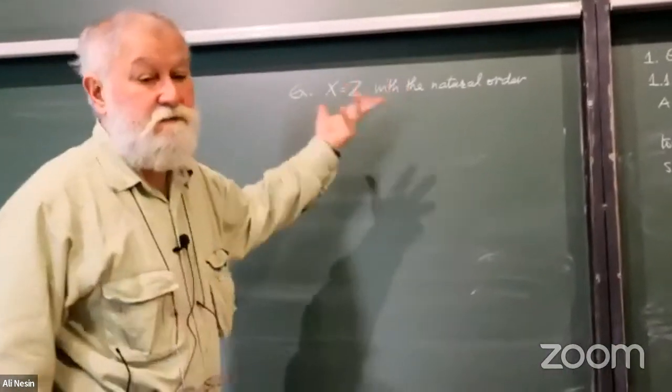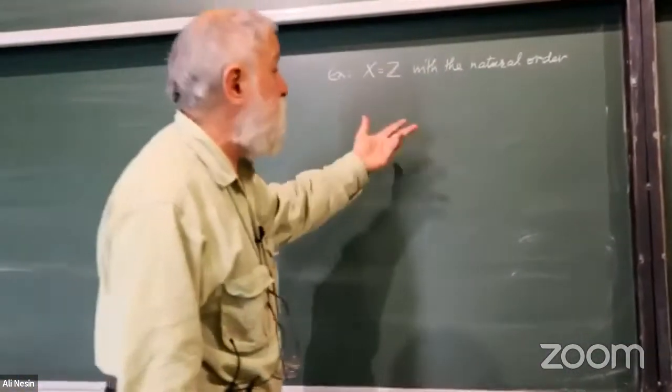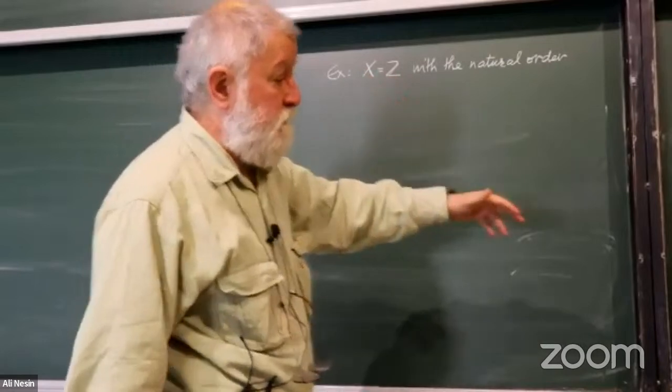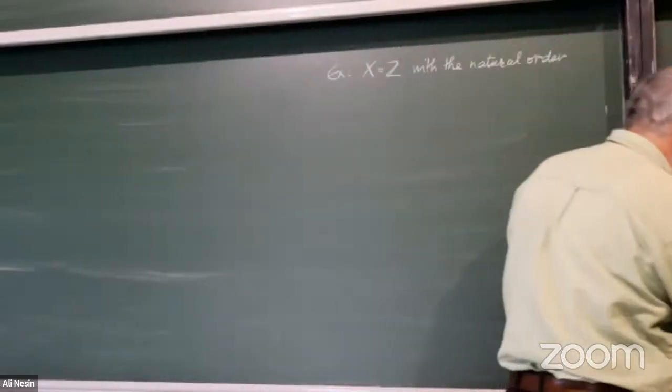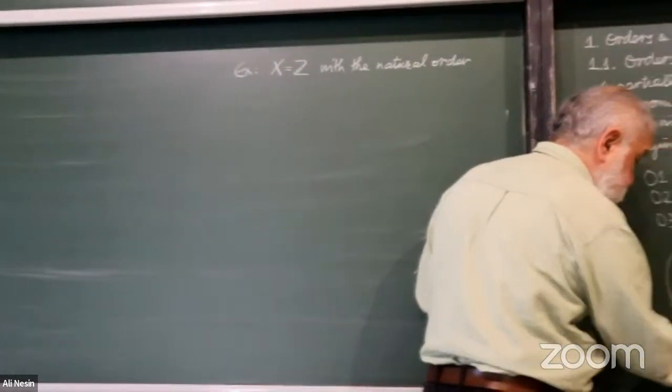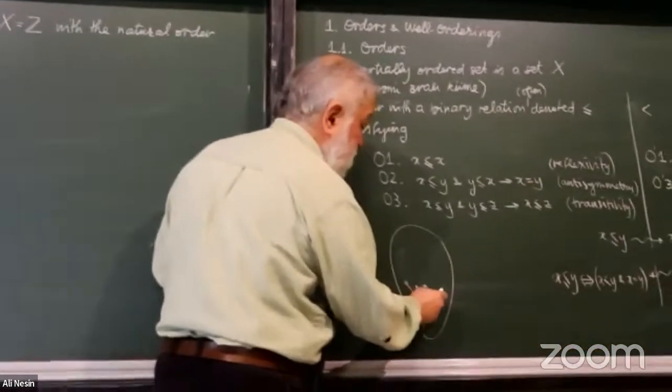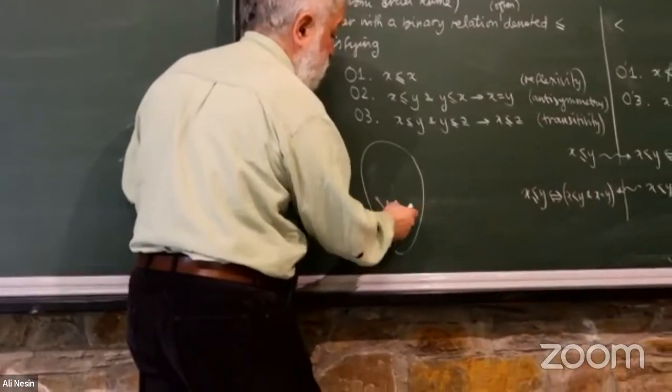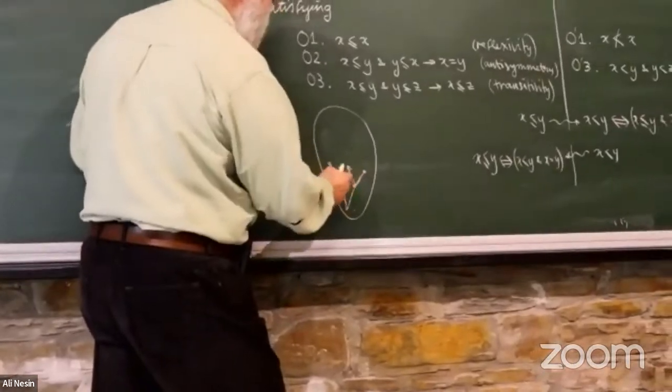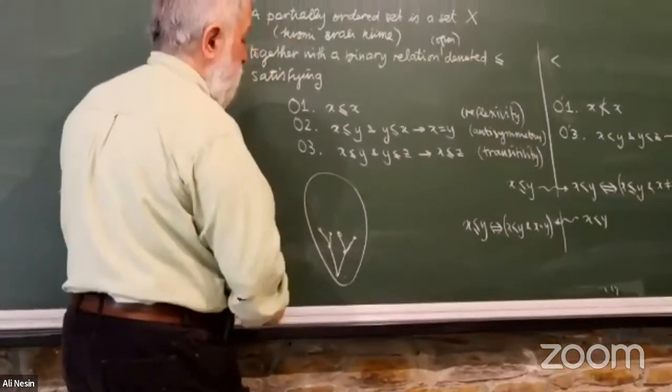Five is less than 7, for example. This is the order, and this is actually a total order. These may not be total. You may have, for example, here, these two elements which are not comparable. One is not less than or equal to the other one. You may have elements which are not comparable.